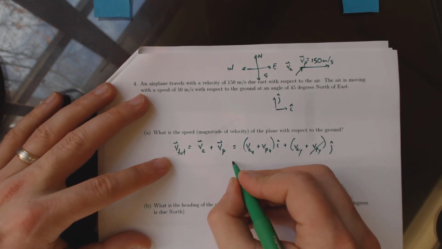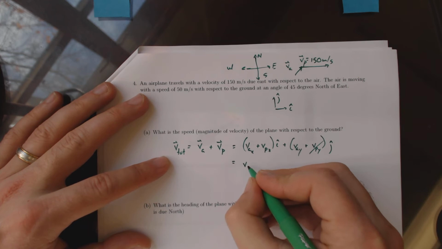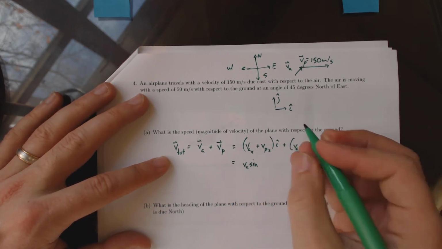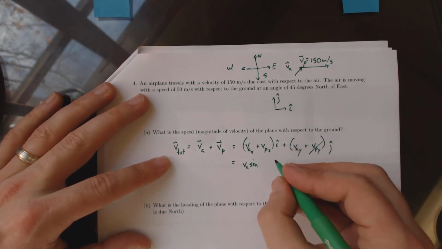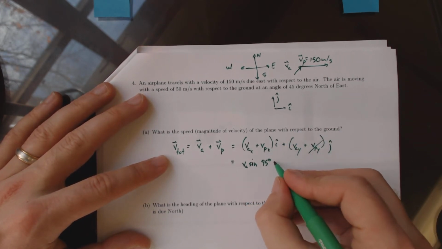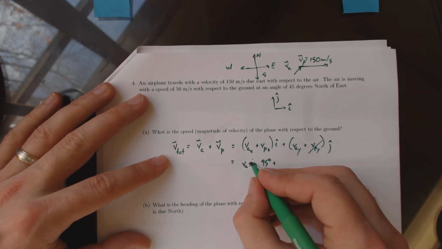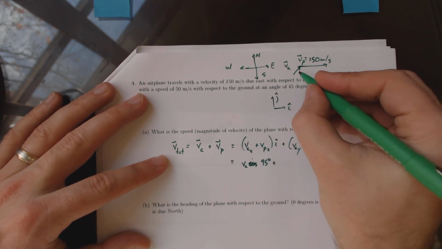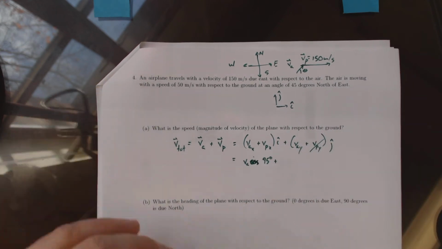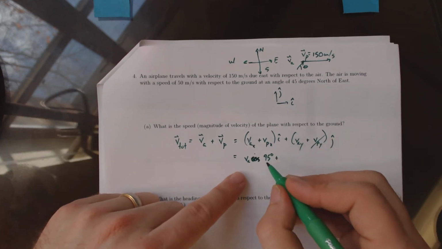VAX is going to be VA times the sine of theta, which is 45 degrees, plus VPX. Oh, maybe I should call it cosine. But call this my angle, theta. Doesn't matter. Sine of 45 degrees is equal to cosine of 45 degrees.